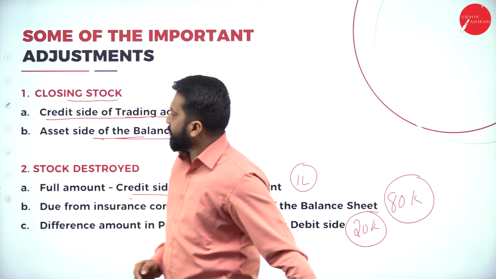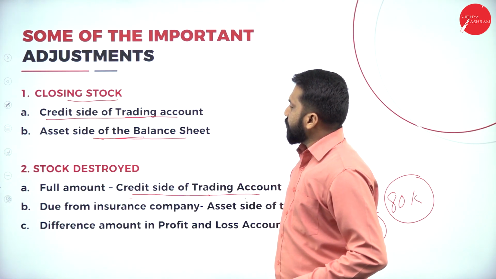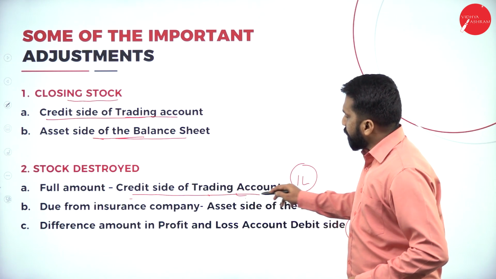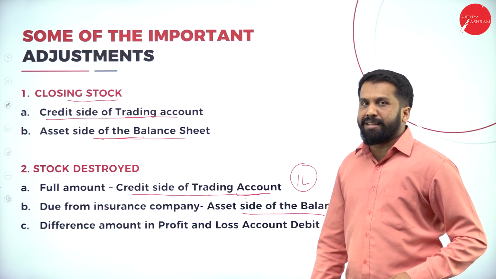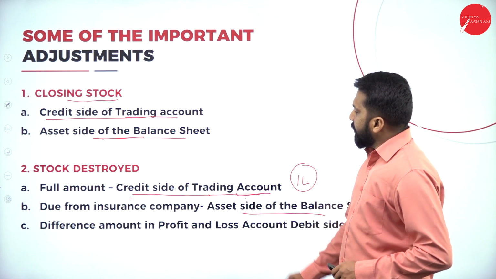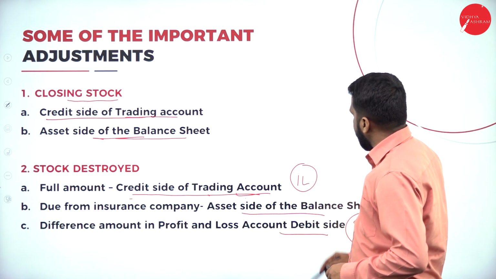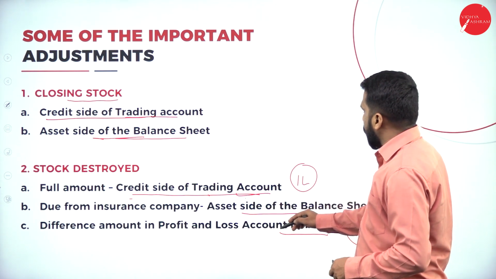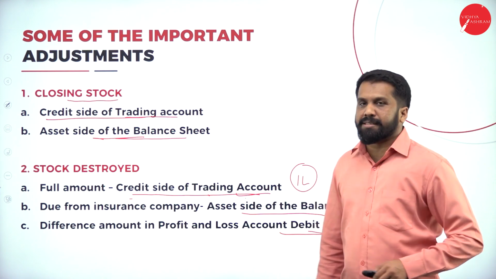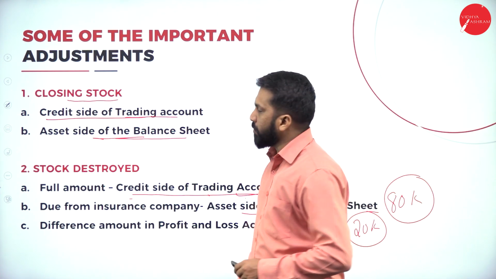Over. What is the next? Stock destroyed, credit side of trading account, and one more is asset side of balance sheet. Over. Then the difference will be considered as debit side, like your difference amount in profit and loss account is debit side. Any doubt? No doubt.